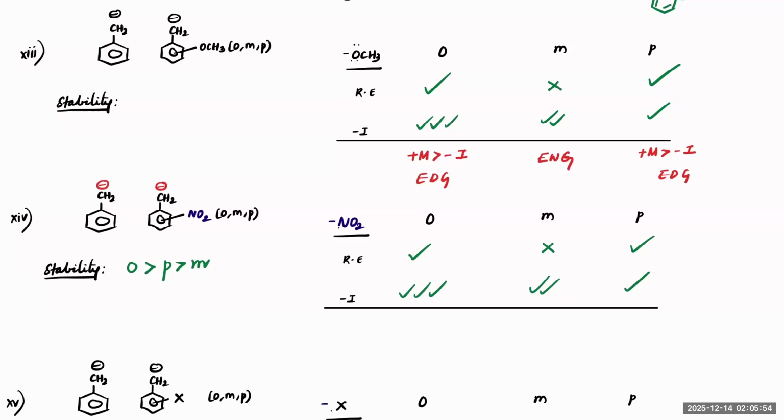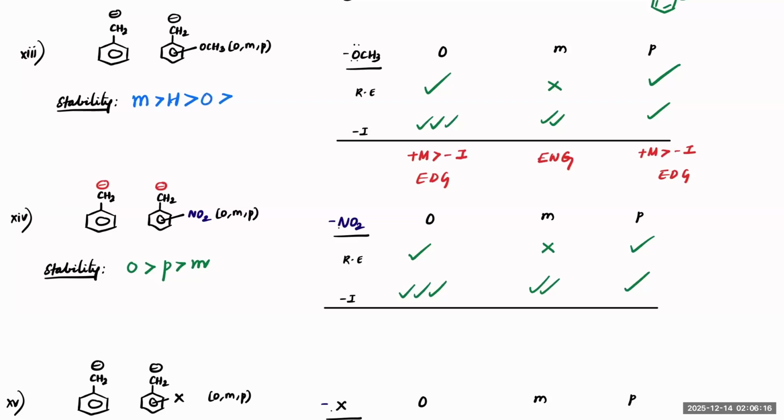So I can say meta is the most stable. Then hydrogen. Hydrogen means regular structure like this. This is a regular structure which is hydrogen. Then comes ortho and para. In case of ortho, at least we have some amount of minus I, and that minus I is greater than that of para. So what do we have?